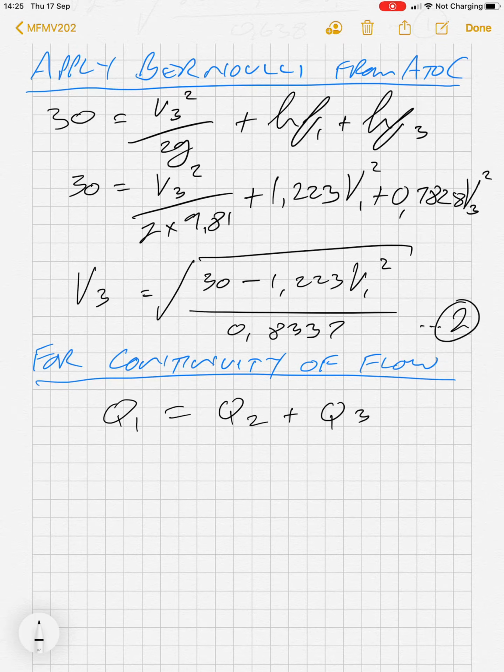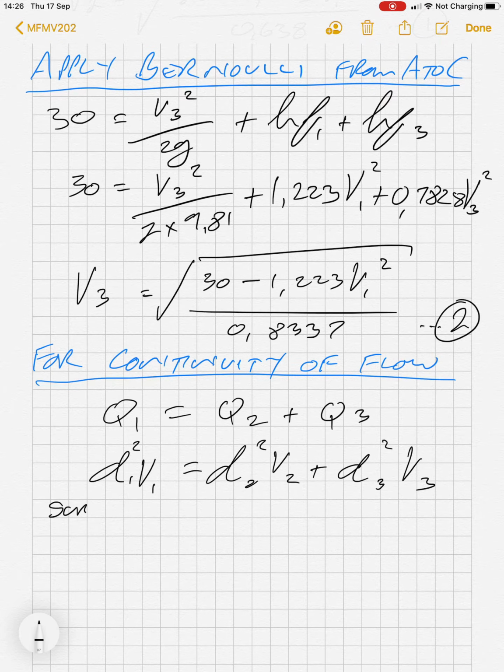Therefore D1 squared V1 is equal to D2 squared V2 plus D3 squared V3. All we've done is substitute Q for V times A, and because the diameter is the only variable, we can delete the pi over 4.